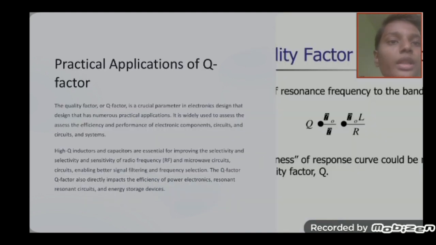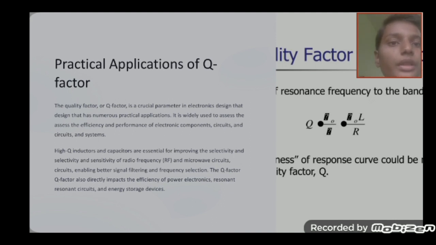Practical applications of Q factor. The quality factor, or Q factor, is a crucial parameter in electronic design and has numerous practical applications. It is widely used to assess the efficiency and performance of electronic components, circuits and systems.